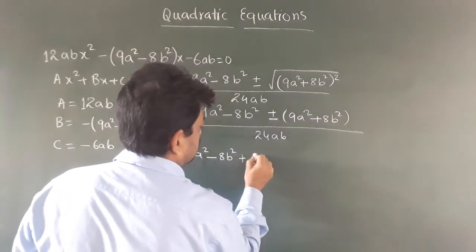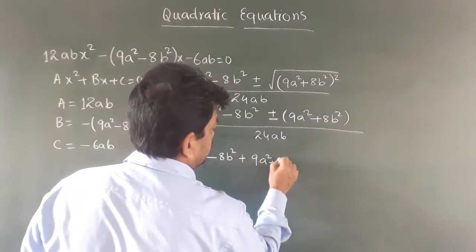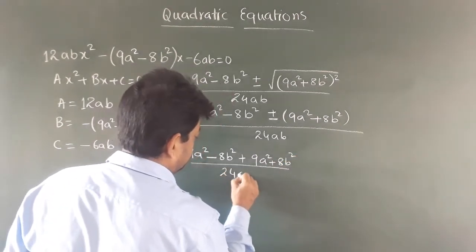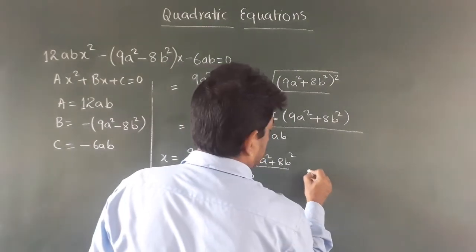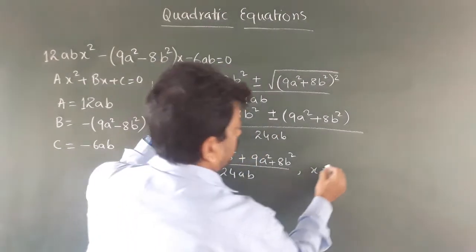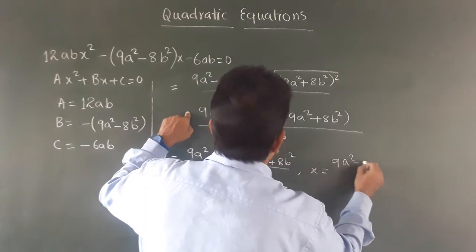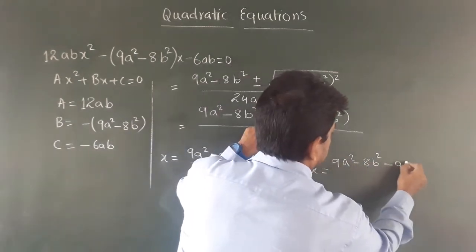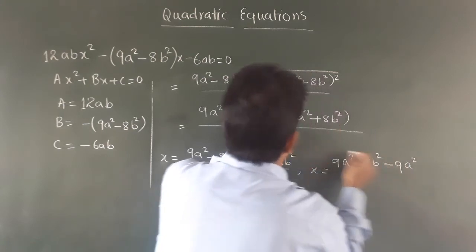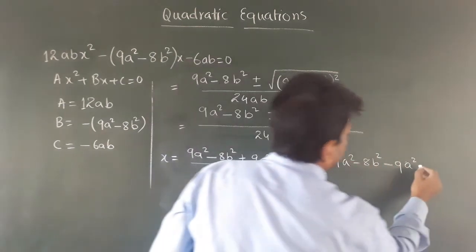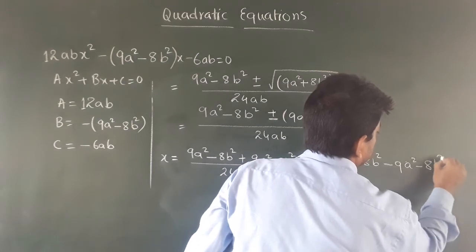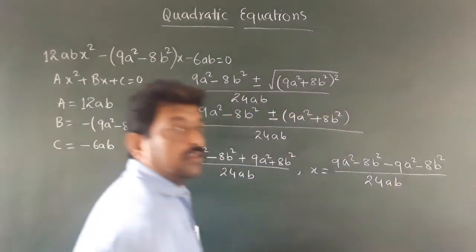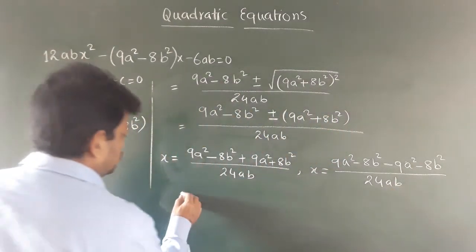So it is plus 9a square plus 8b square upon 24ab, and the other value is 9a square minus 8b square minus 9a square and minus plus minus 8b square upon 24ab. These are the two values of x.